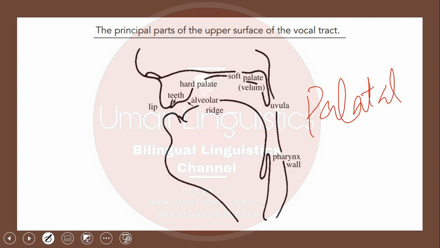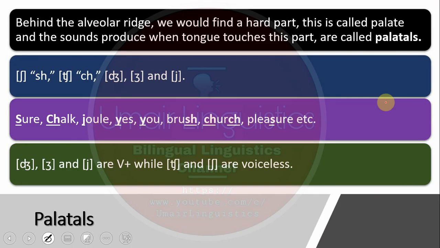So behind the alveolar ridge, we will find a hard part. This is called the palate, and the sound is produced when the center of the tongue touches the hard palate.